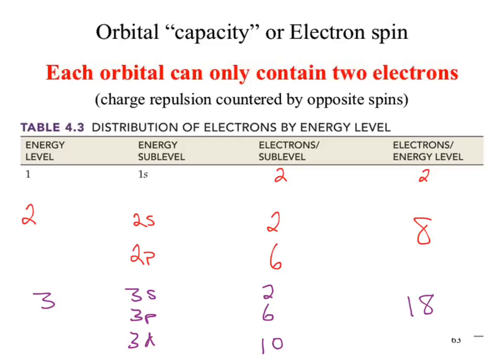Next level. 1s only fits 2 electrons, which means I can really only explain two elements in their neutral state with the 1s orbital. Which two elements could I explain using only the 1s orbital? Hydrogen and helium. Let's take a look at hydrogen and helium on the periodic table.